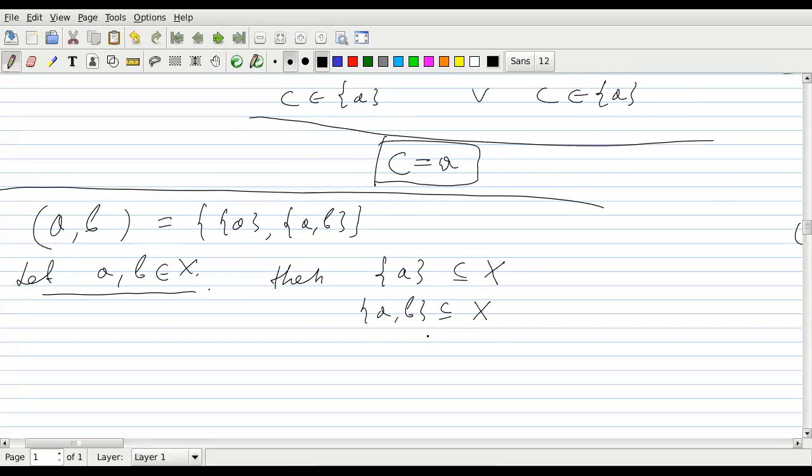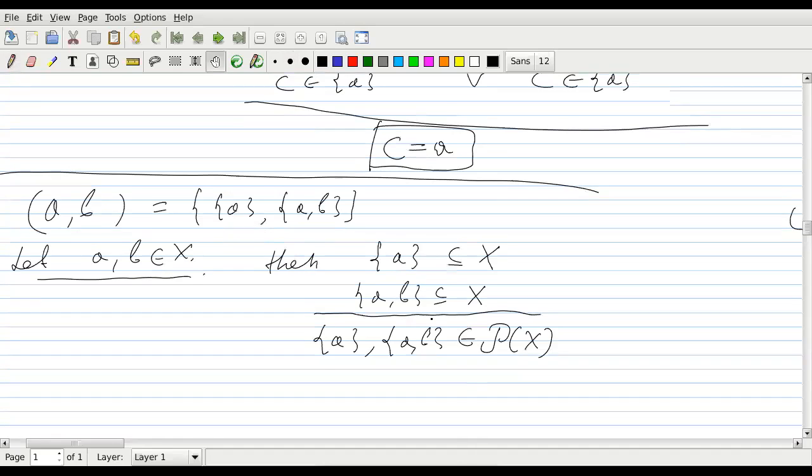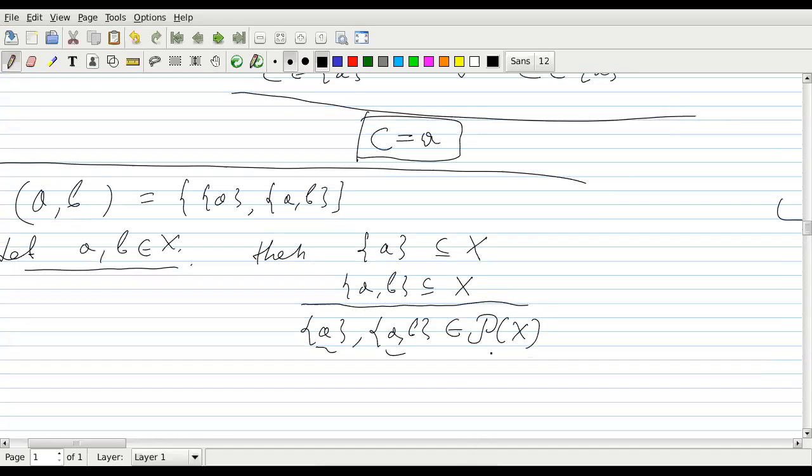Do you agree? Yes. Totally. Yes, we agree. Actually, if they are subsets, they are, of course, elements of the power set, of the set of all subsets. These two are elements of this set. That means that if we group them together, we will obtain a subset of P of X.